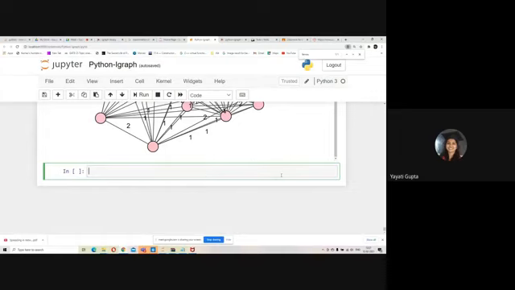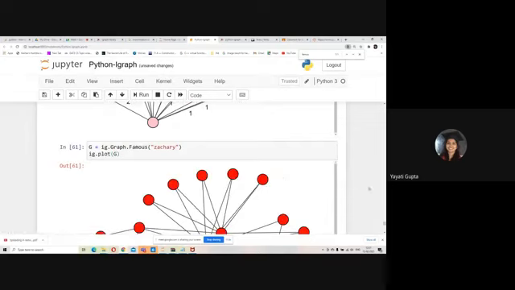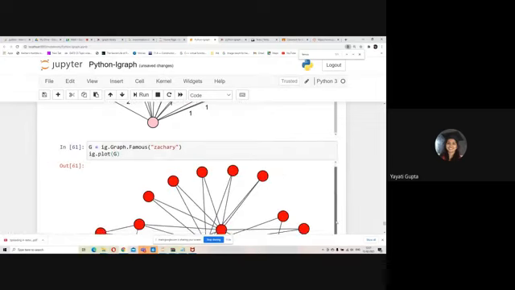I'm going to take this network. This is a network on which we are going to do an experiment.